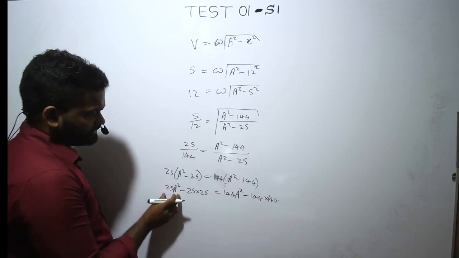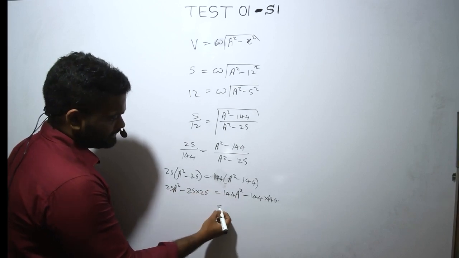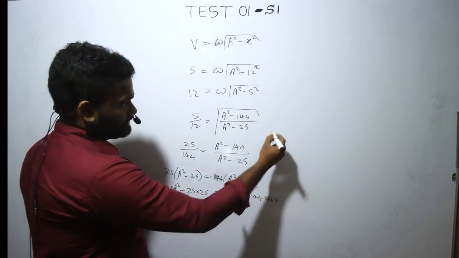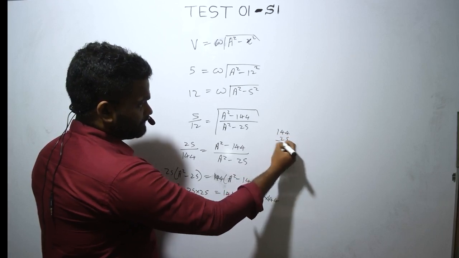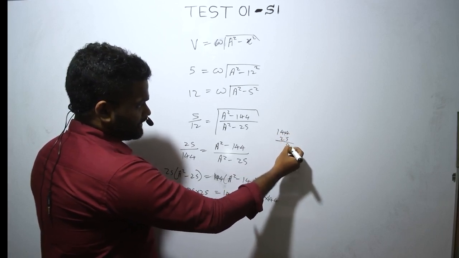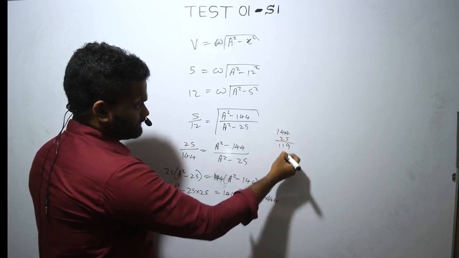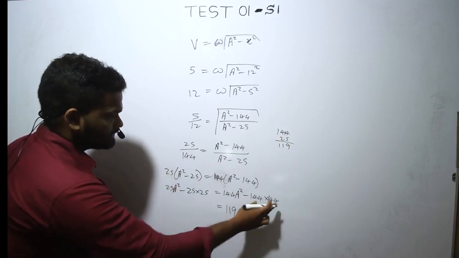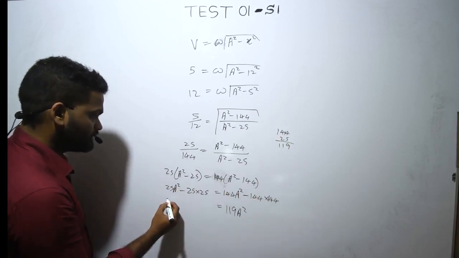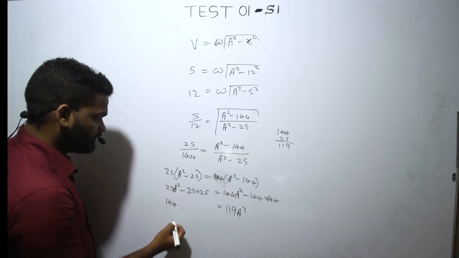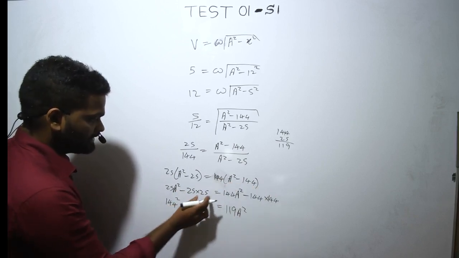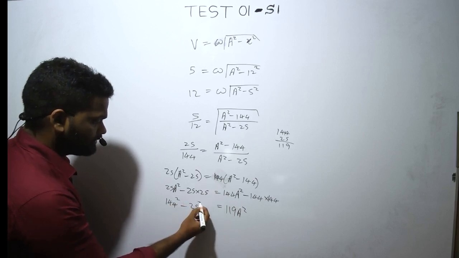Now I'll just put 25 to the other side. So it is 144 minus 25, 119 A squared. Take this to the other side. So we have 144 squared minus 25 squared.